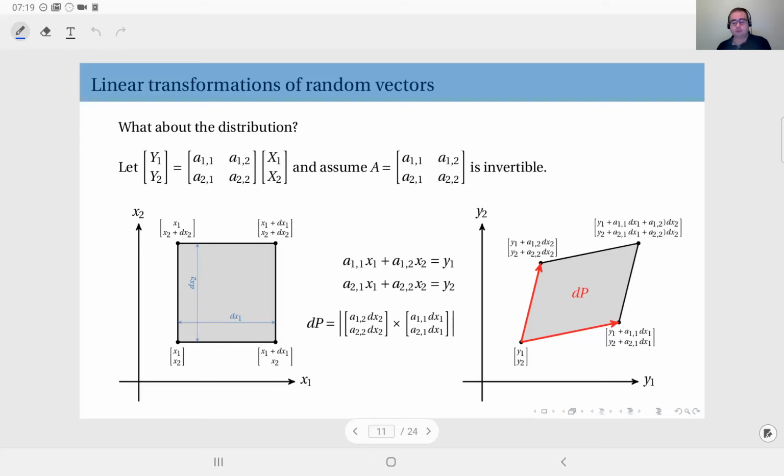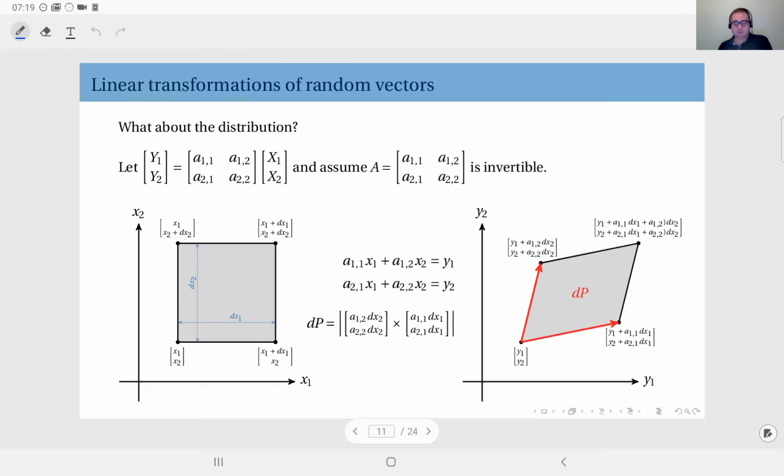So what we do here is observe the effect of a linear transformation on a random vector in the special case where the random vector is of size 2. Here on the left-hand side you see the x1, x2 plane, and assume that the shaded region you see here is an infinitesimal area.